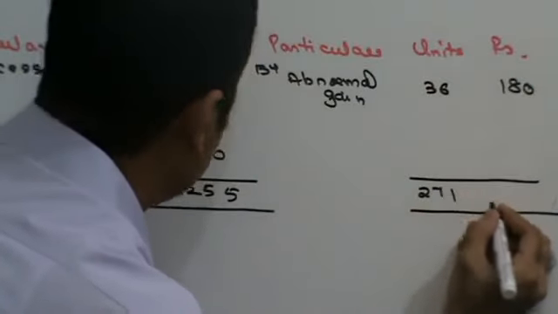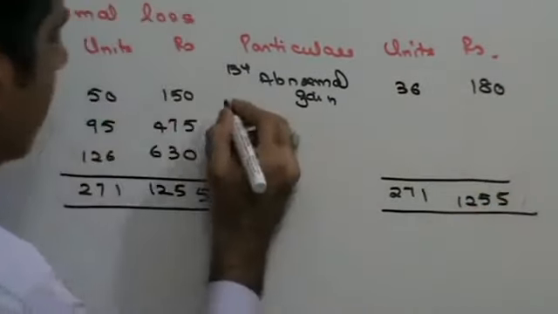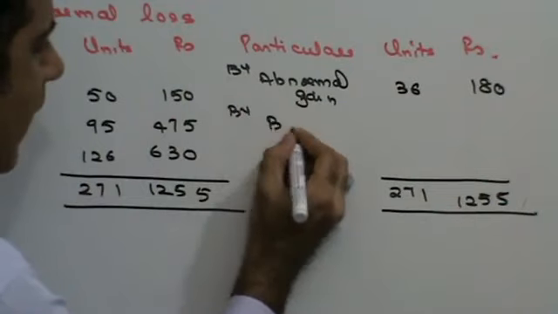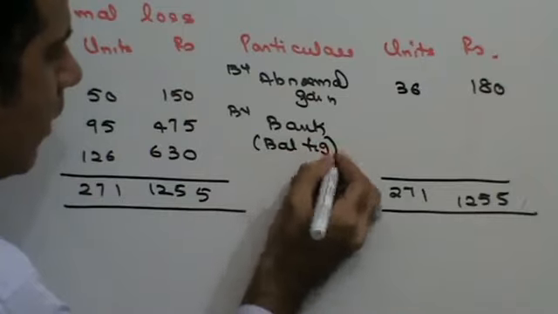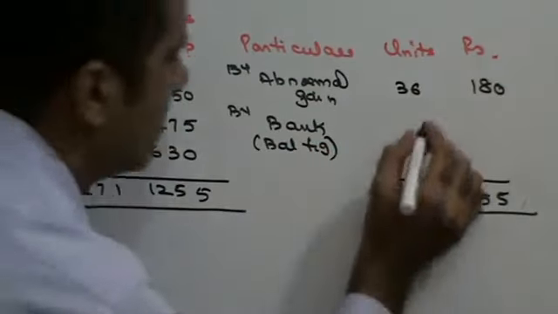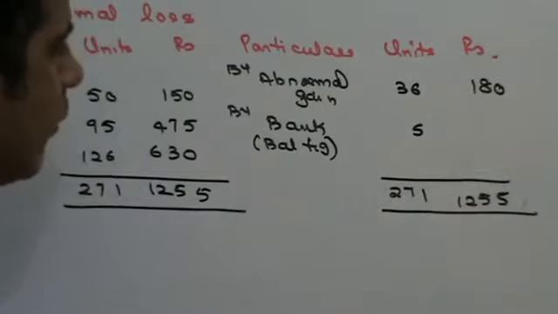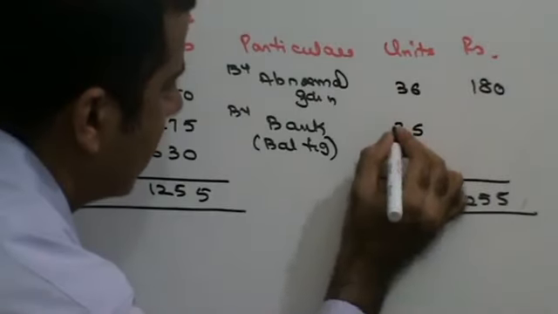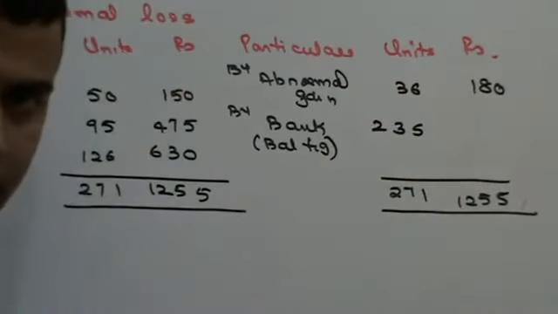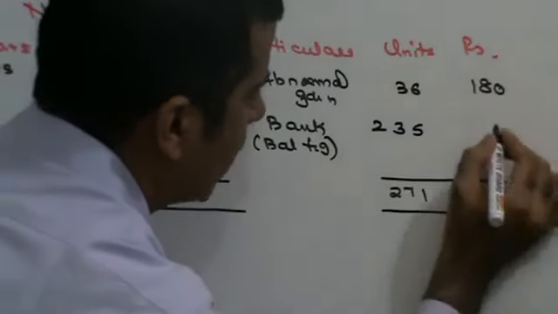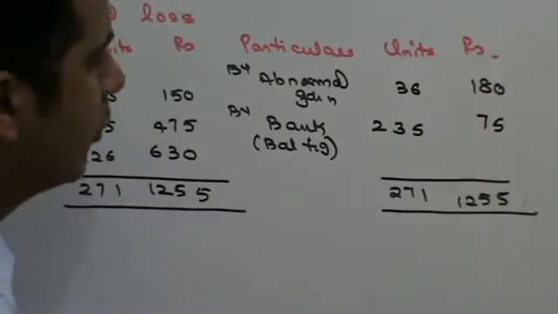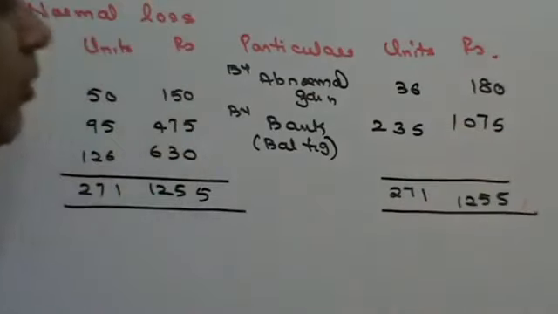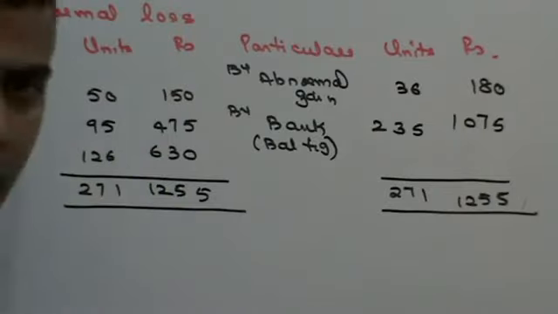So this is 271, 1255. The difference is to be written as by bank. This is going to be your balancing figure. 6 plus 5, 11, carry over 1, 4, 5, 6, 7, 235. And this is going to be 5, 8 and 7, 15, carry over 1, 2, 0, 1, 0, 7, 5. Finally get this. So this is how you make a normal loss account.